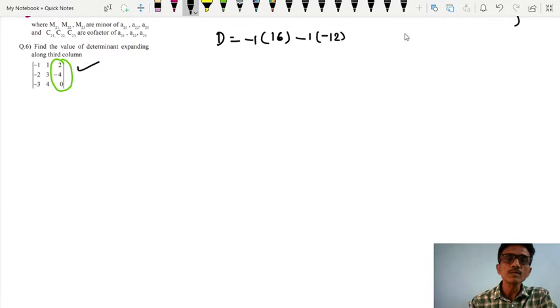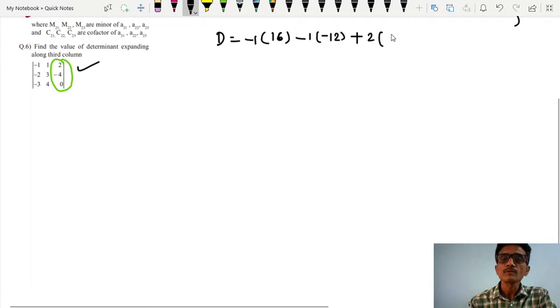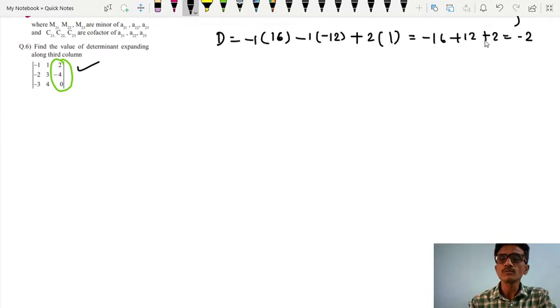Then plus 2 into this determinant: minus 8 plus 9, so it is 1. So how much is it? It will be minus 16 plus 12 plus 2, meaning 14 minus 16, which is minus 2. So the value of this determinant is minus 2.